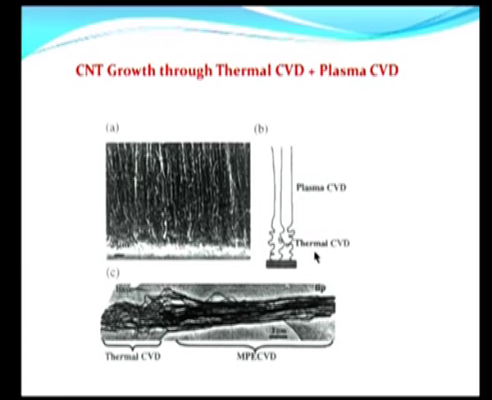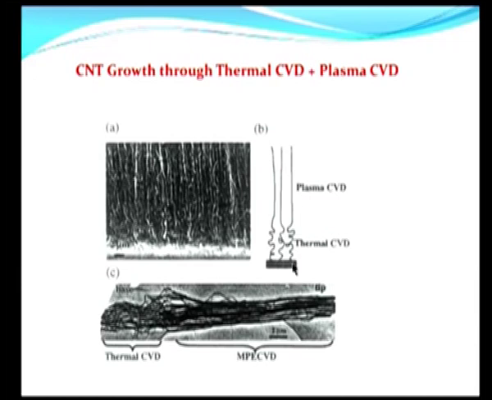What is shown here is how the process of CVD, whether it is thermal or plasma assisted, can alter the topology of the carbon nanotubes. Initially this process is conducted as a thermal CVD process, that is, only temperature is used to conduct the chemical reactions that result in the formation of carbon nanotubes.